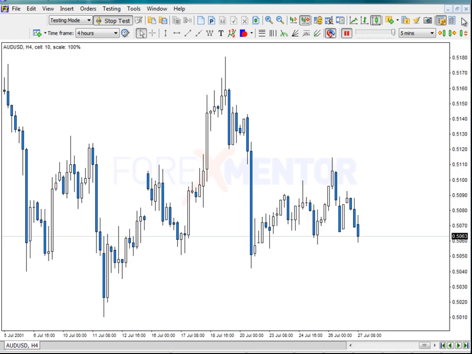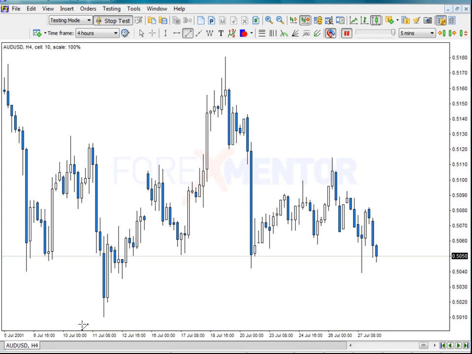Alright traders, I just want to show you an example of the double bottom, double top and the price flip. So in this example, this is a 4-hour Aussie dollar chart, and you can see prices ticking along nicely here. These are 4-hour candles using a great piece of software called Forex Tester.